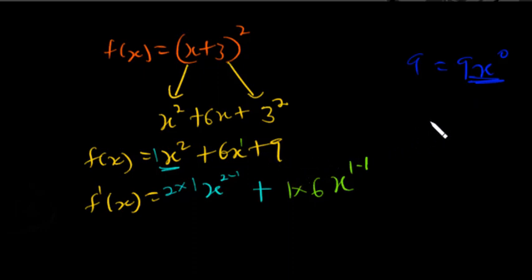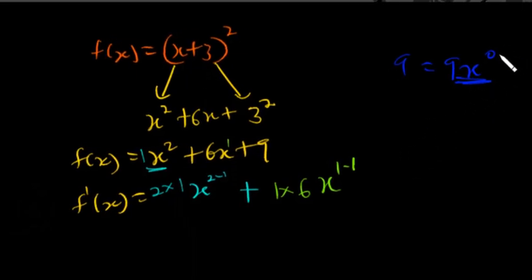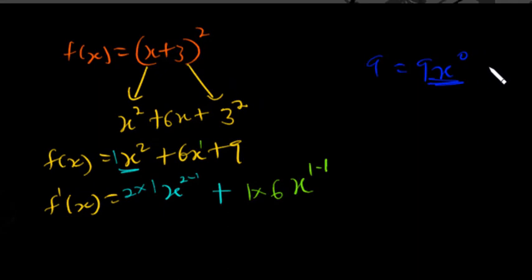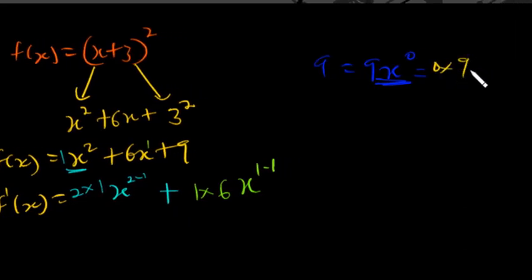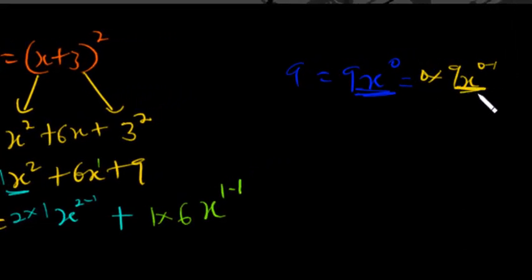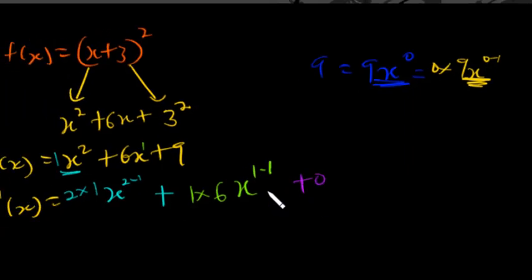So if I differentiate 9x raised to the power 0, you pull the 0 down, so that is going to be 0 times 9x, then you subtract 1 from the 0, so you have 0 minus 1. Now whatever you have here times 0, you get 0. So in brief, if you differentiate a constant, you get 0.